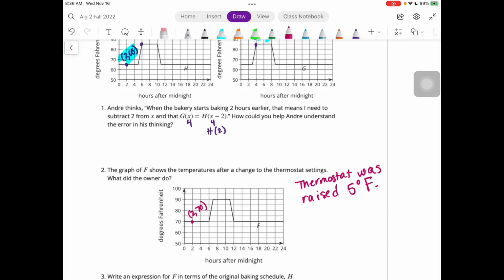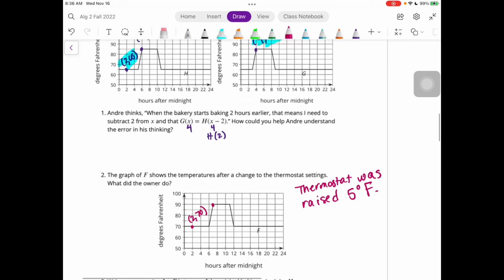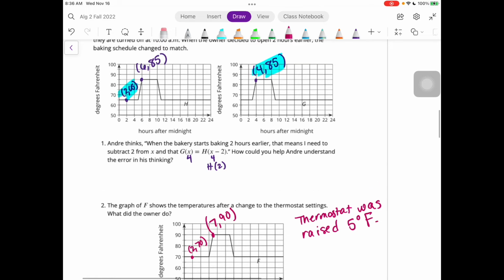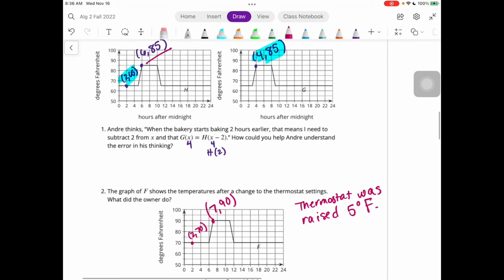If we look at the peak here, this is the point 7, 90. And when we compare that to our 6, 85, not only do we see a 5 degree increase for the temperature, but what do you notice about the time? We're 1 hour later, right? And so the owner is starting the baking schedule 1 hour later.